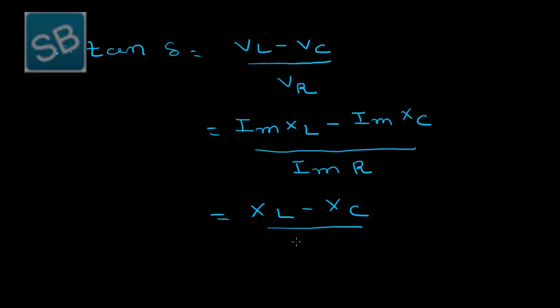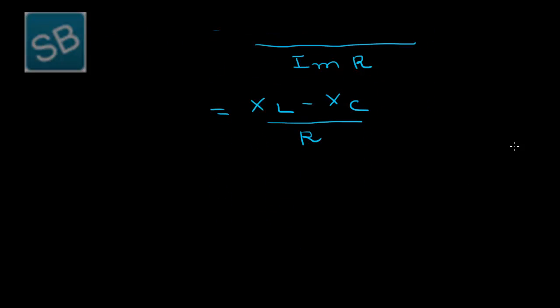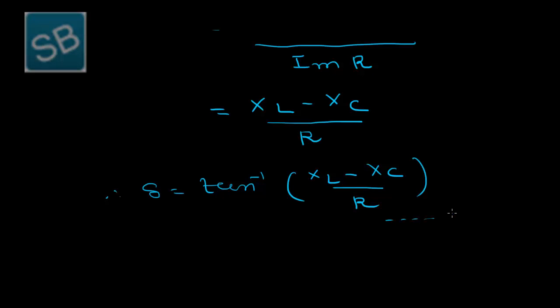So it is XL minus XC over R. And now I can find the actual phase difference. Delta is equal to tan inverse of XL minus XC over R. This is the phase difference of voltage and current, from which you can generate the characteristic. And now we will solve some illustrations related to this topic.